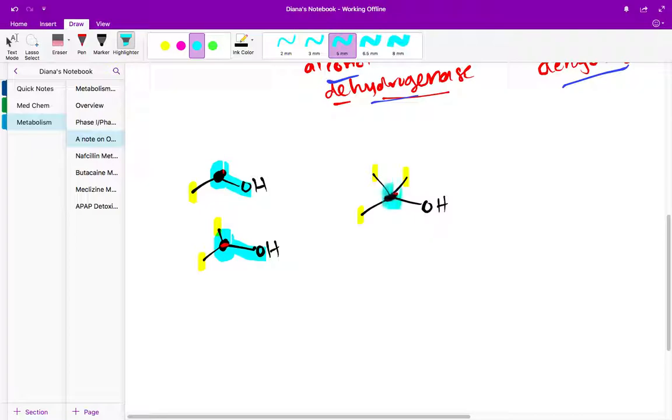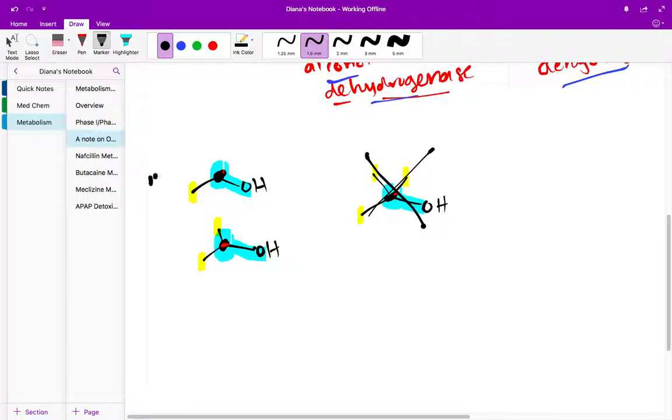So that's the carbon that I need to look at to determine if it's a primary, secondary, or tertiary alcohol. Because if it's a tertiary alcohol, there's no way that you can undergo oxidation. So alcohol dehydrogenase would not be able to turn this tertiary alcohol into the next or the higher level oxidation state. That would not be able to occur.